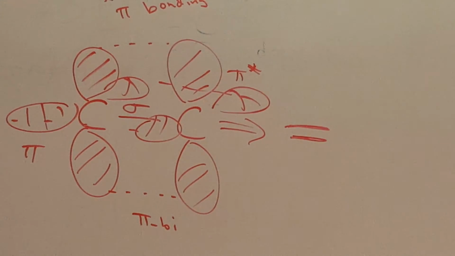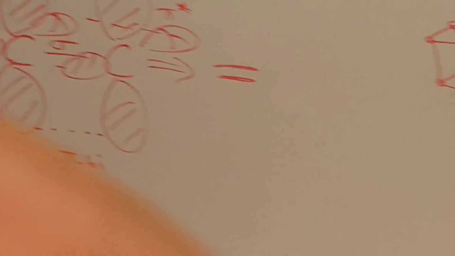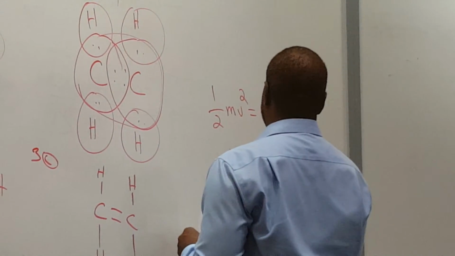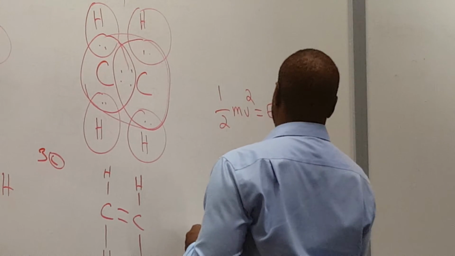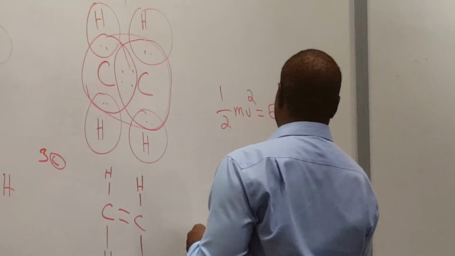Now for the last one, was the easiest one, right? We start out with the equation 1/2 mv squared equals energy, kinetic energy, right? Solve for v. v equals what? The square root of 2E over m.